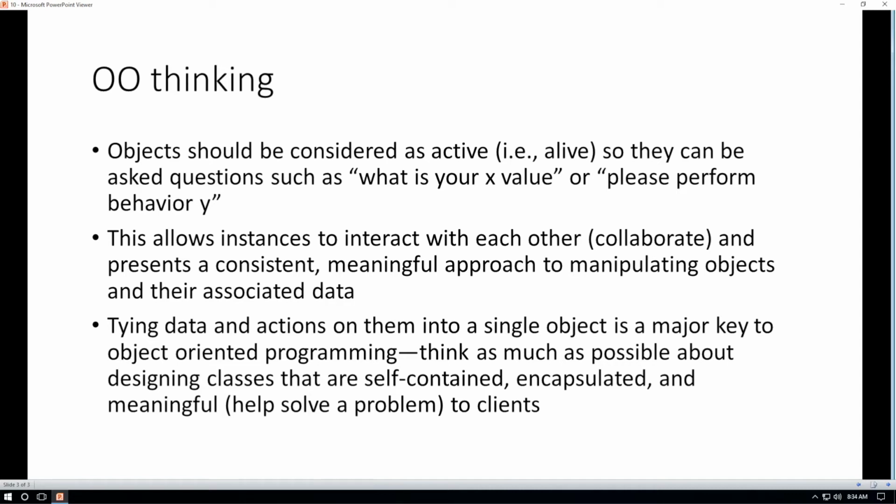Our example of the student is that we would model sufficient data per student object to represent meaningfully what a student is for our particular type of problem. We would be sure to have name, GPA, and various other pieces of data that help us manage students taking classes at a school.